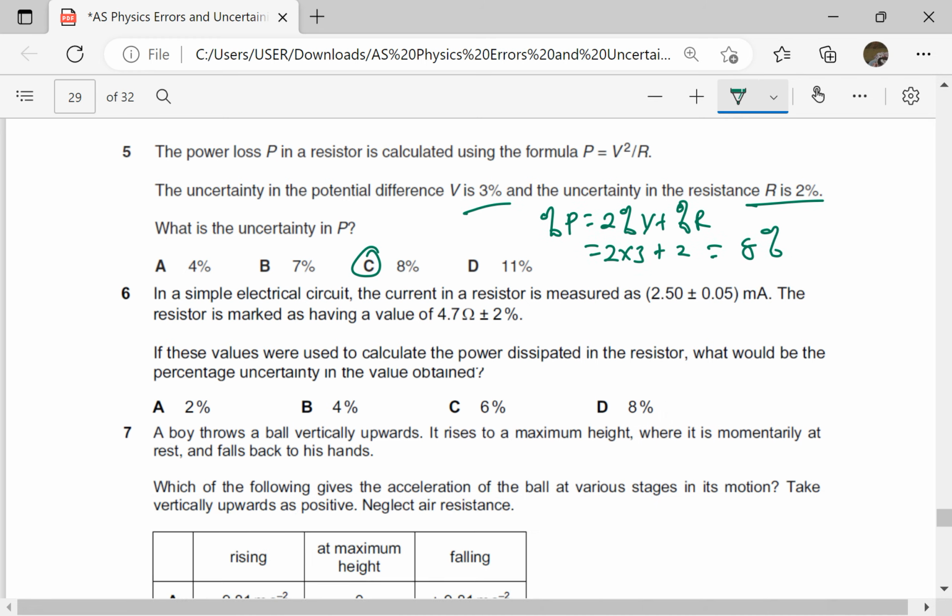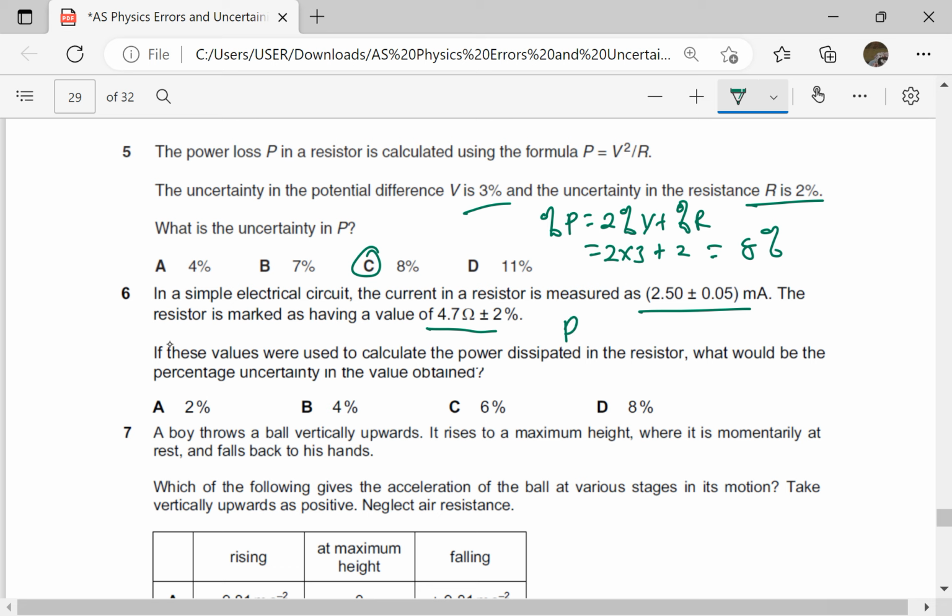In a simple electrical circuit, the current in a resistor is measured as this one. The resistor is marked as having a value of 4.7 plus or minus 2%. If the values were used to calculate the power dissipated in the resistor, what would be the percentage uncertainty in the value obtained?